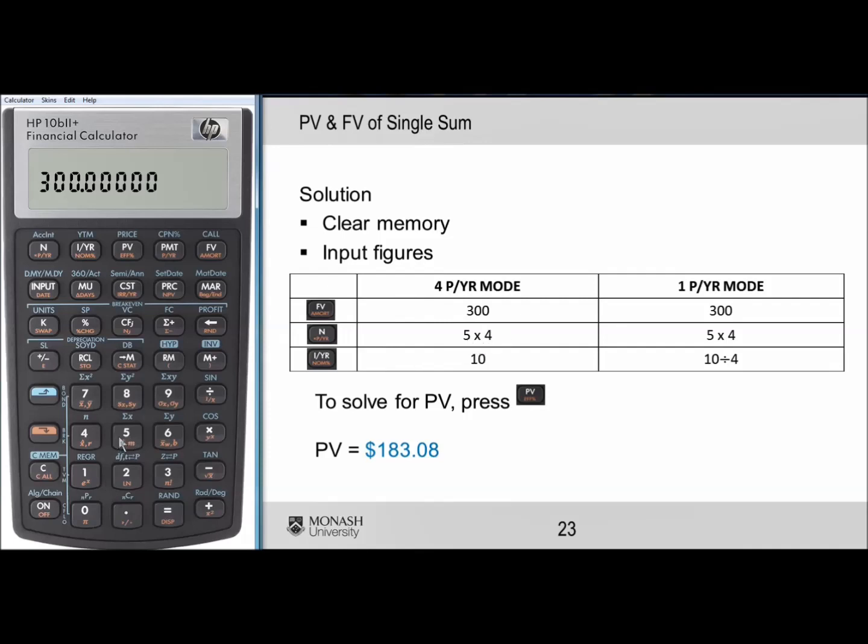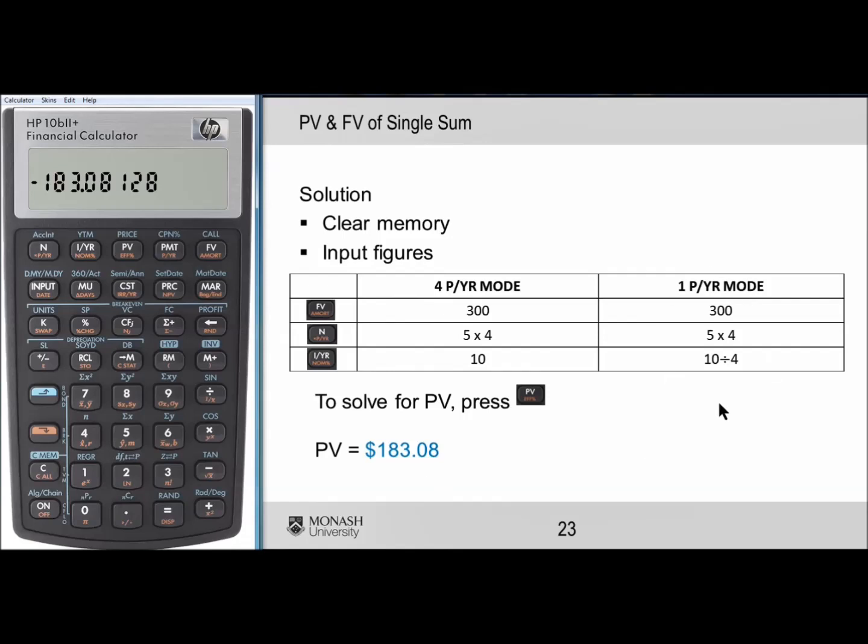So 5 times 4 equals, and that is our N. IYR is the quoted nominal rate, which is 10% here. So 10 IYR. To solve for PV, press PV, and the final answer is $183.08.